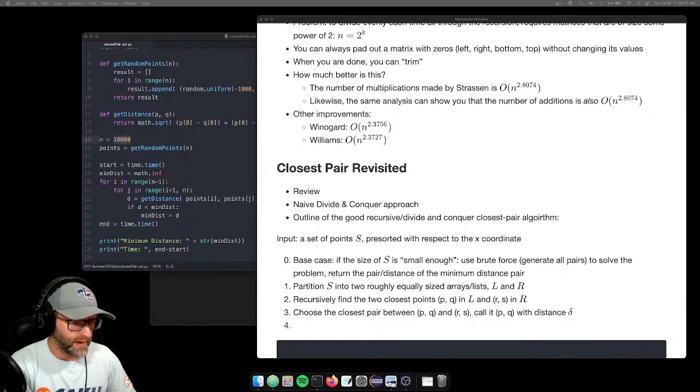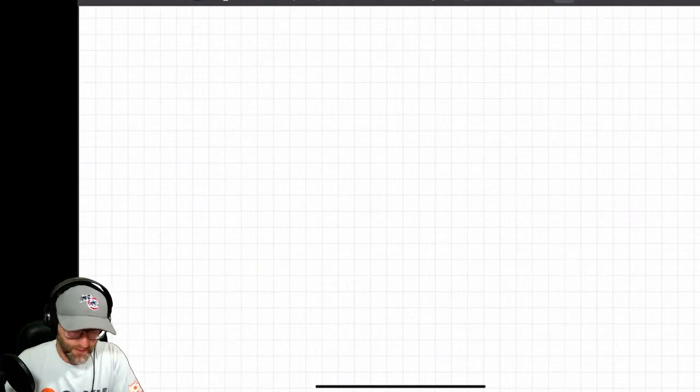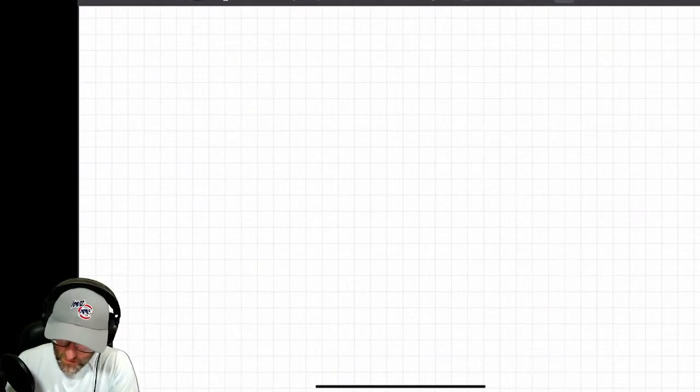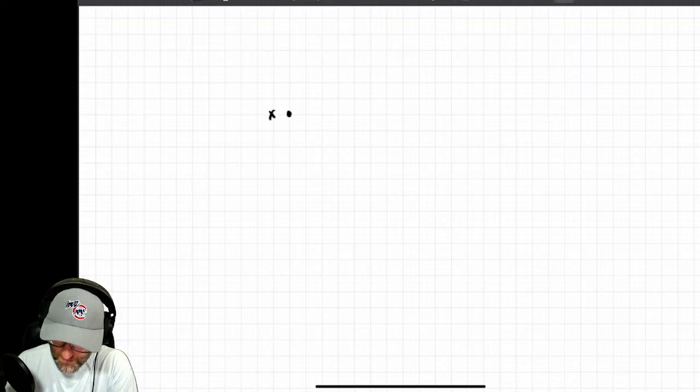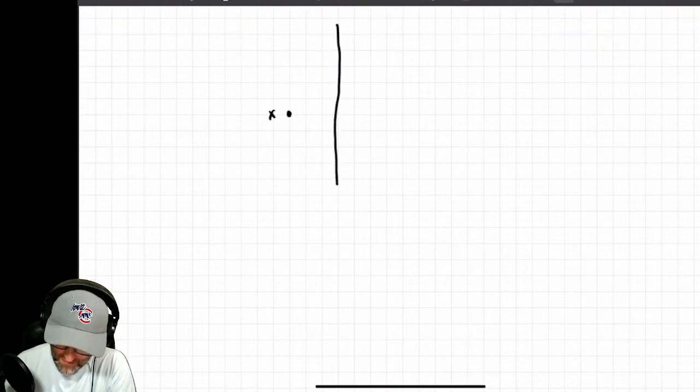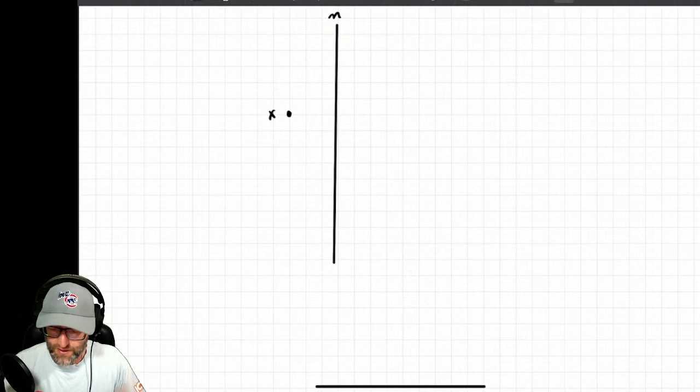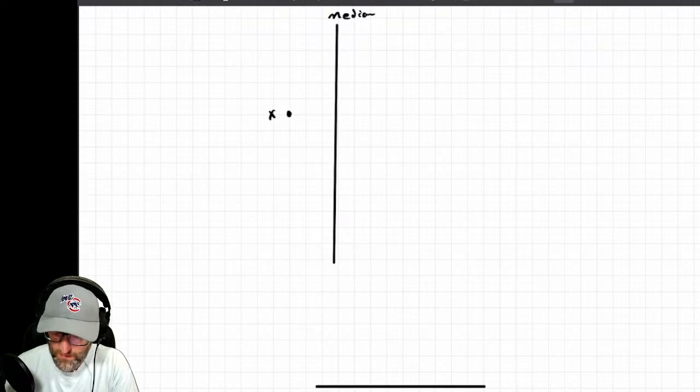Let's go back to the diagrams here. So we're going to only consider one x over here, right? The slice that I'm talking about here is, here's the median point. This is where you partitioned it to begin with. And by the way, how do you do that? Well, you find the median of the point over here closest to this and the point over here closest to this.